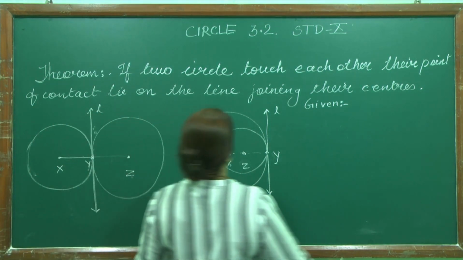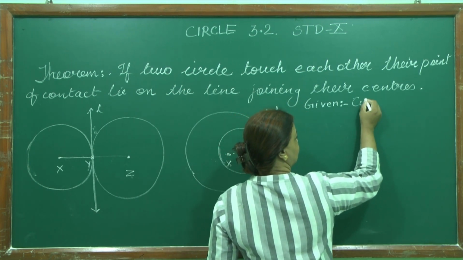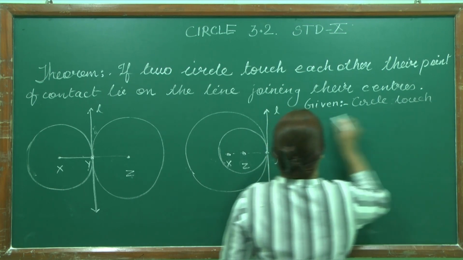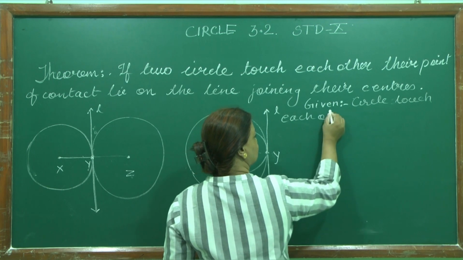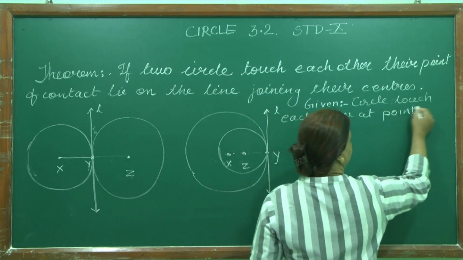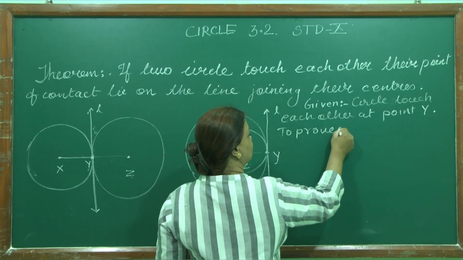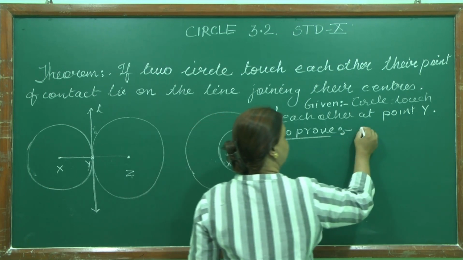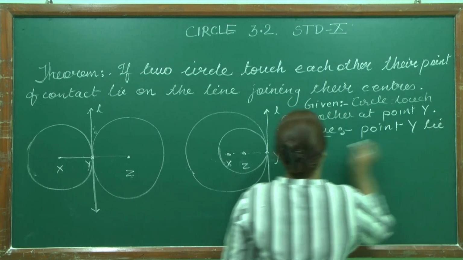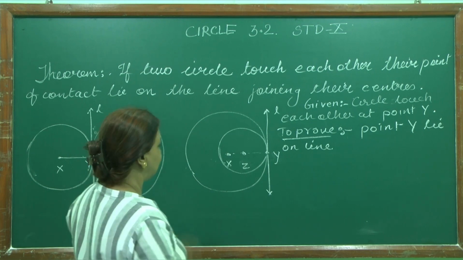So given is what? Two circles touch each other at point Y. To prove: point Y lies on line XZ.